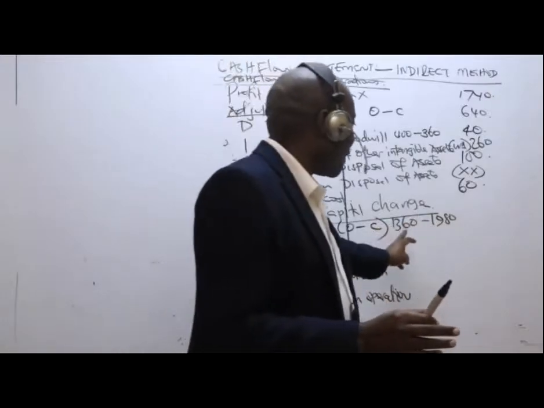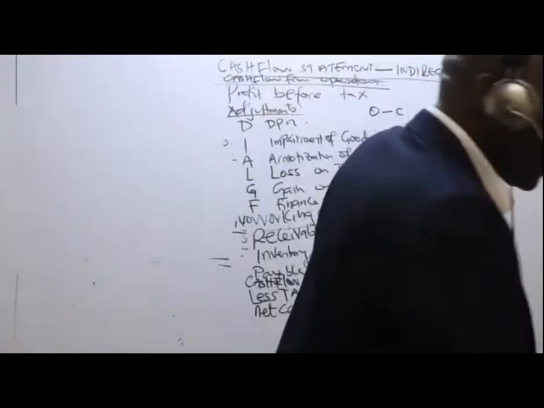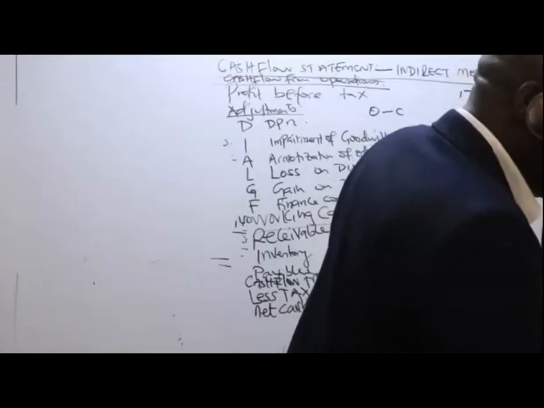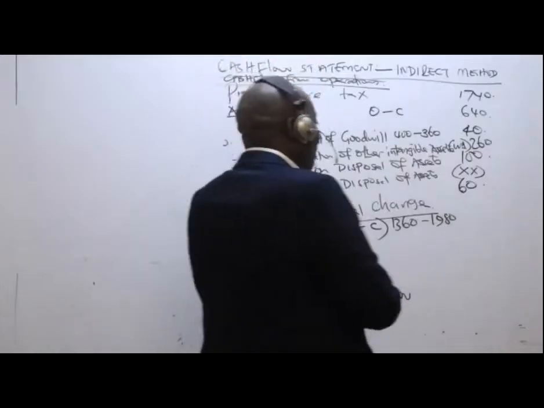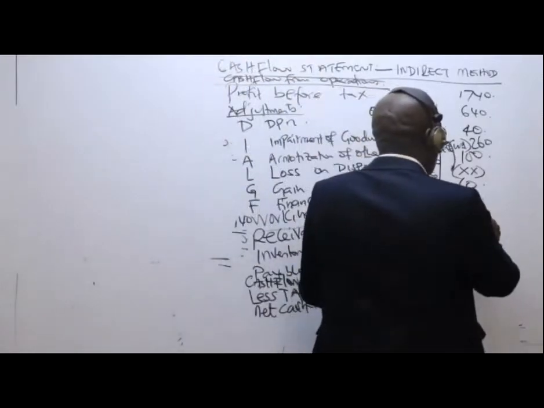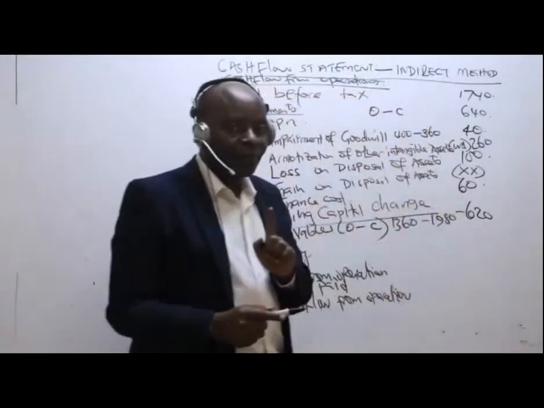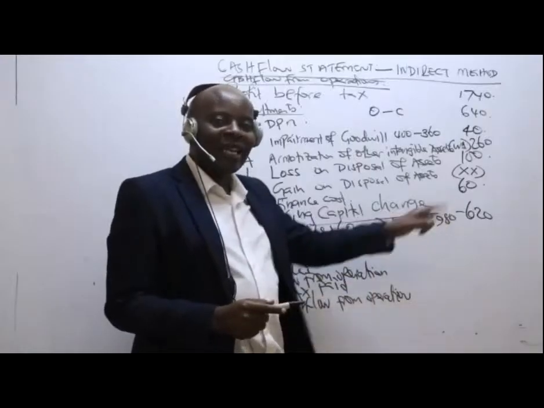Can somebody give me this 1360 minus 1980? What figure are we getting? A decrease of 620. Remember, we don't want to reason like that because you don't have the luxury of time. So long as you take O minus C, if you get a negative, then you write a negative.